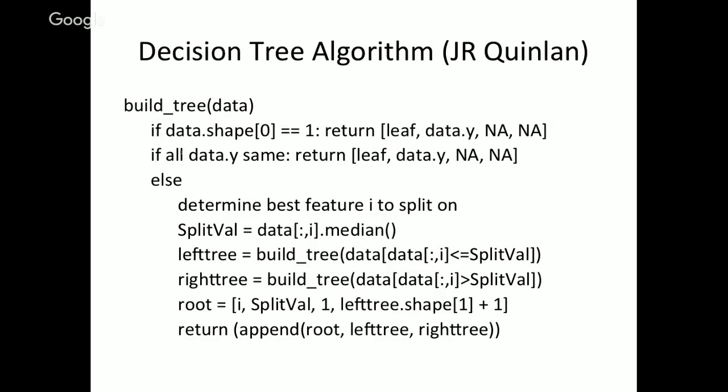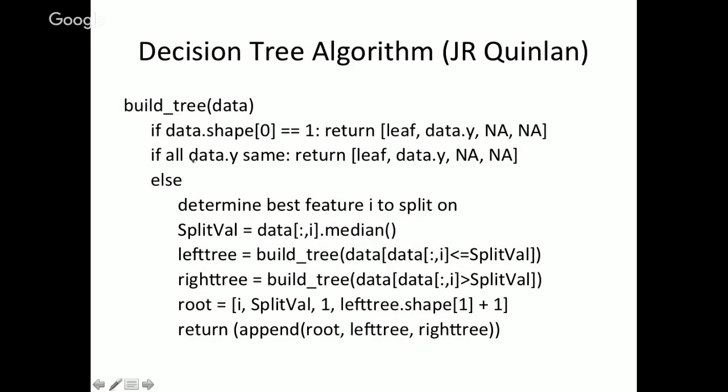Anyways, the first things we check are stopping criteria. When this function BuildTree gets called with data, which is the data we're going to use to build the tree, and by the way, this is structured as an ND array where each column represents a factor, and the very last column represents the label or the Y value.